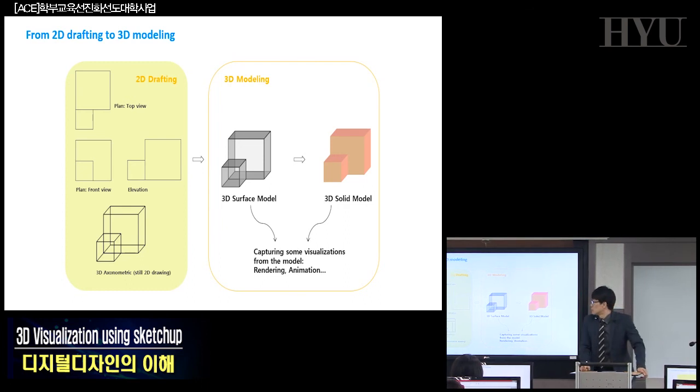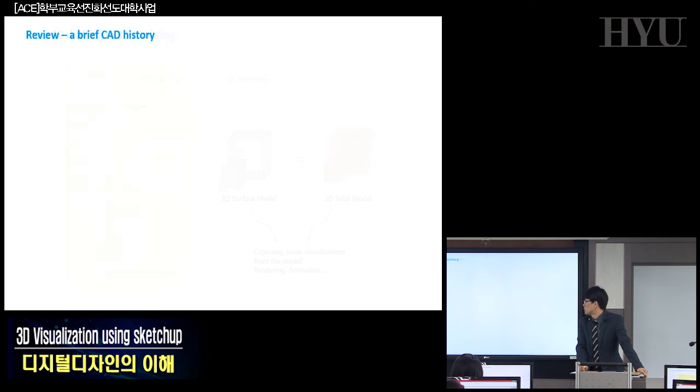What if you want to draw some line drawing without any colors, just shaded line drawings? That kind of visual effect is also one type of rendering from a 3D model. It couldn't be generated from a 2D based model, okay? Totally different. So let's review a brief CAD history again.